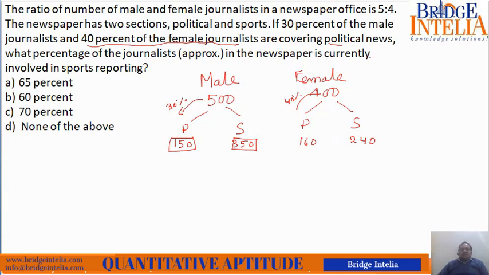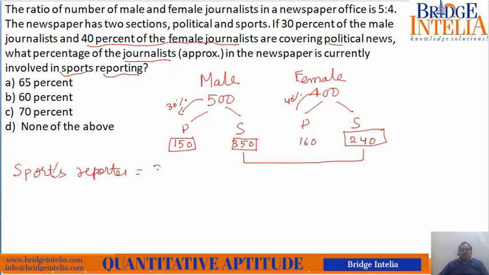What is the question? What percentage of the journalists in the newspaper is currently involved in sports reporting? So how many are reporting sports? This plus this, they are reporting sports. So sports reporters: 350 plus 240, which is equal to 590.